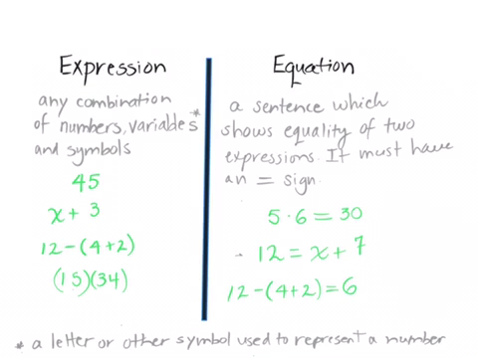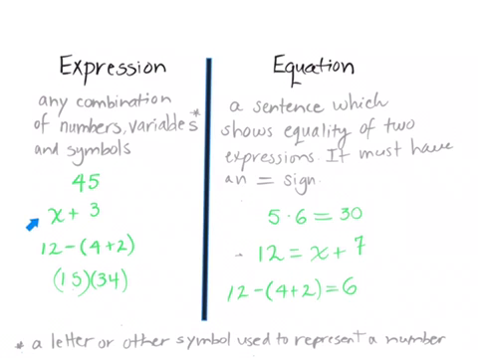Two other important words in our language of mathematics are expression and equation. An expression is simply any combination of numbers, variables, and symbols. And these are examples. 45, any number by itself, can be considered an expression.